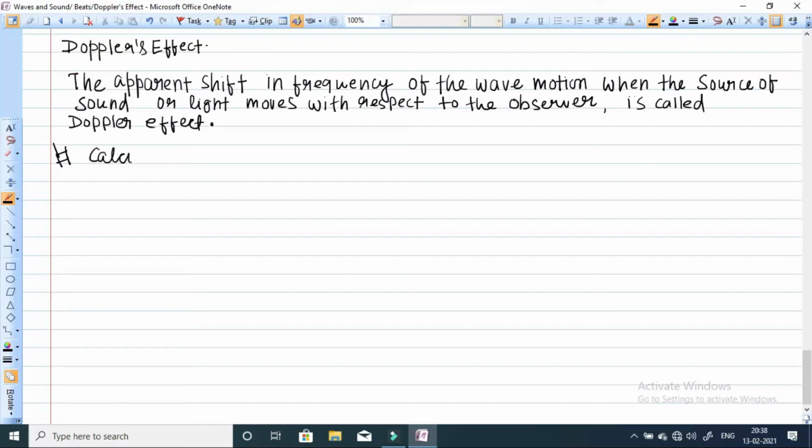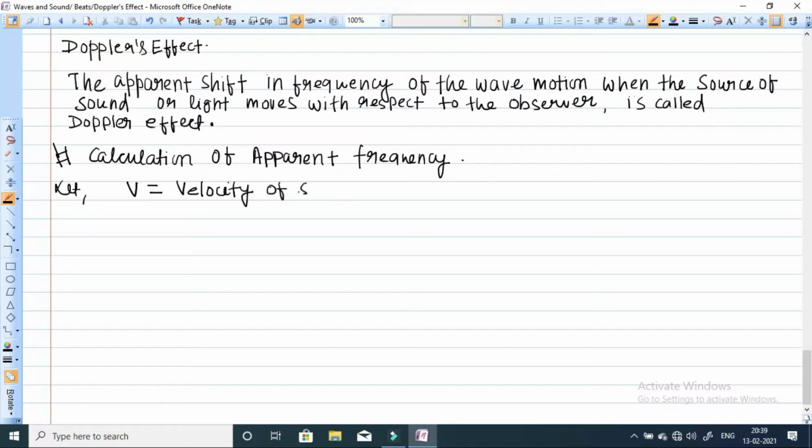So, calculation of apparent frequency. Let V be the velocity of sound in air, and Vs be the velocity of the source of sound.